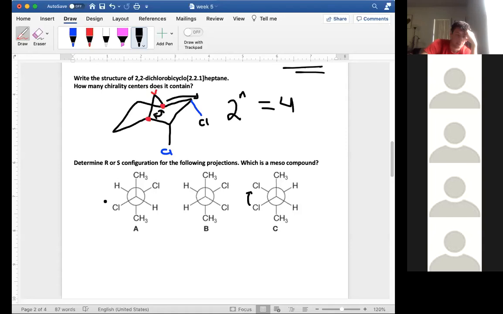And here, I'm gonna actually draw it. So if you were to keep the back carbon the same and only rotate the front carbon 180 degrees, keeping the back carbon, so your back carbon is this. And if you were to rotate the front carbon 180 degrees, you would see that the Cl is aligned.